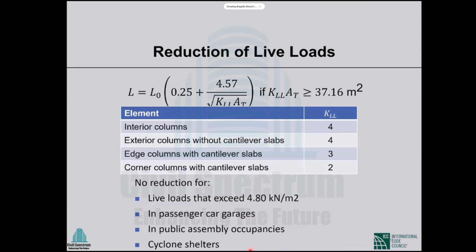So these are the clauses. But if the recommended live load is more than 4.8 kilonewton per meter square, you are not allowed to reduce live load. Things like that.